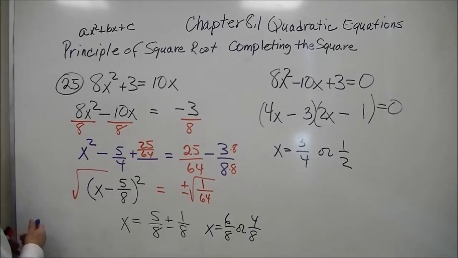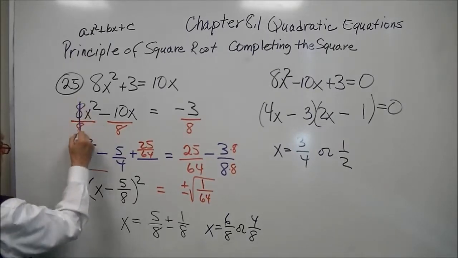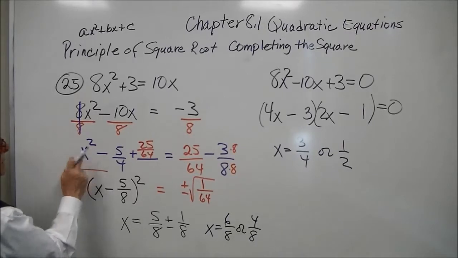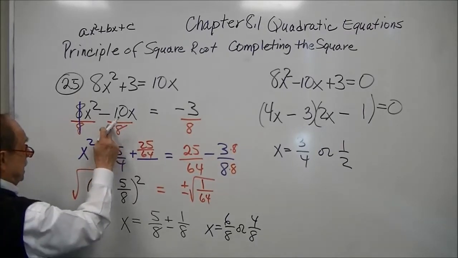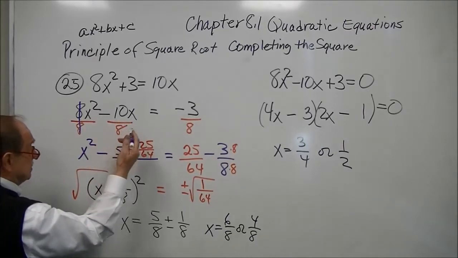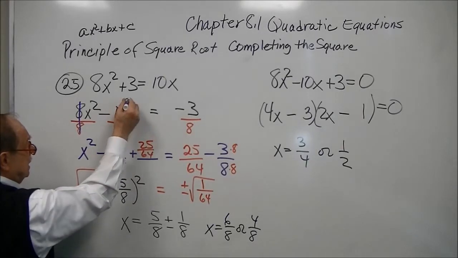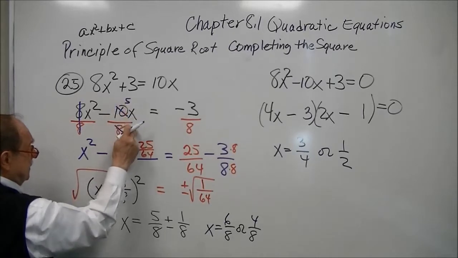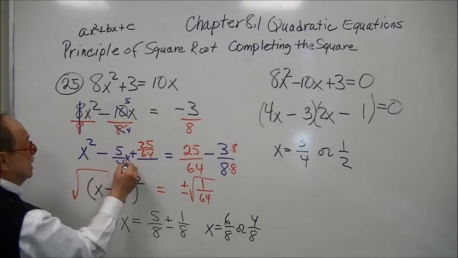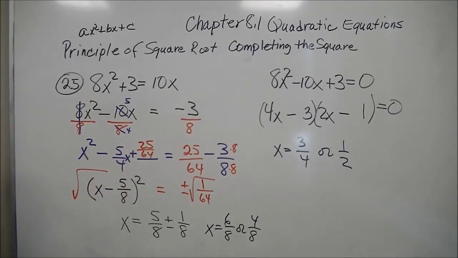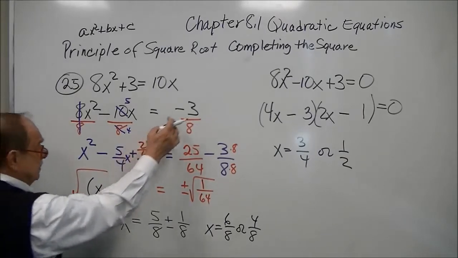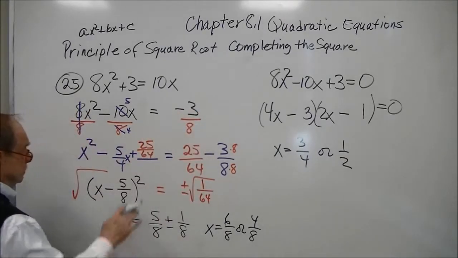So when I did that, here the 8's cancel out, and I get x squared. That's what I'm looking for. Here I could do some canceling. I could take a 2 out of there and get a 4. And that becomes a negative 5/4, which is what I have right there. And I divide this by 8 as well. And we'll get to that in a moment.